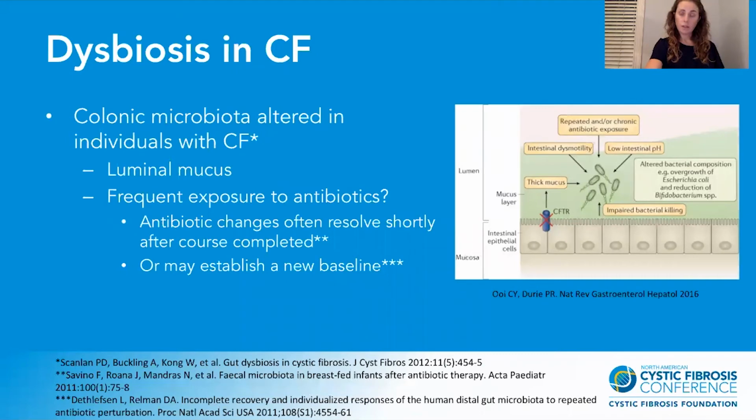More recently, there has been a lot of interest in dysbiosis in individuals with cystic fibrosis. Recall that the thickened mucus of the CF gut can become colonized with bacteria that alters the normal microbiome. Frequent exposure to antibiotics was thought to be a risk factor for this. However, at least one study has shown that the changes found with antibiotic use resolve shortly after the antibiotic course is completed.